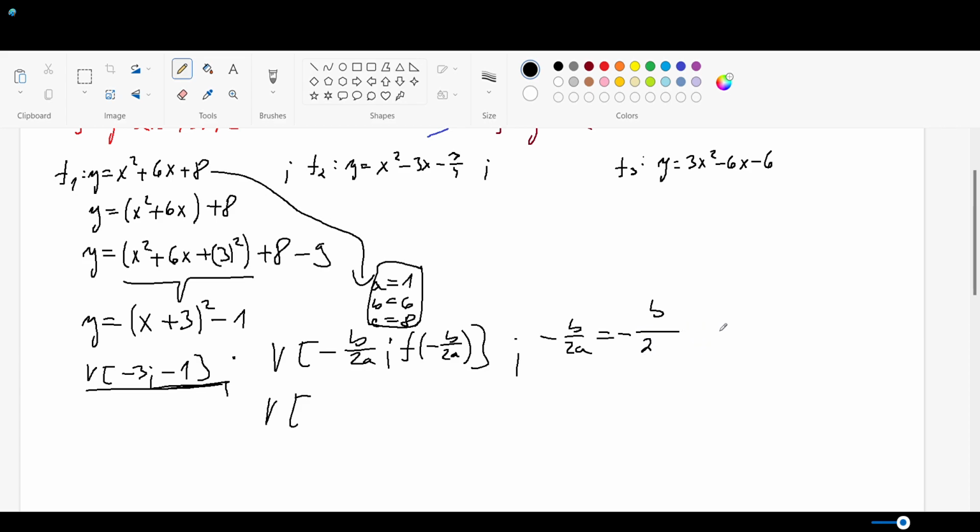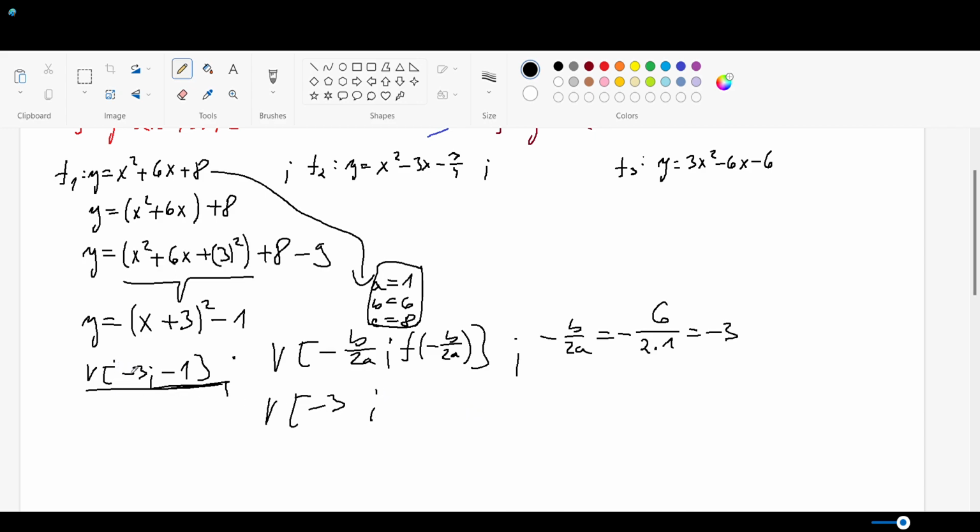Oops, sorry, I wrote b instead of 6. So this is negative 6 over 2 times a, which is 2 times 1, and this is really equal to negative 3. As you can see, we are right.